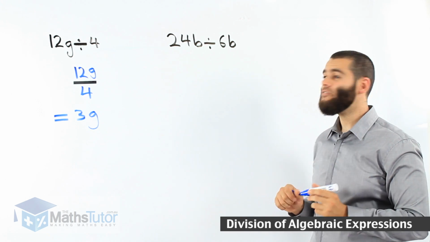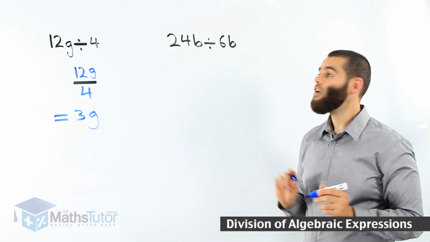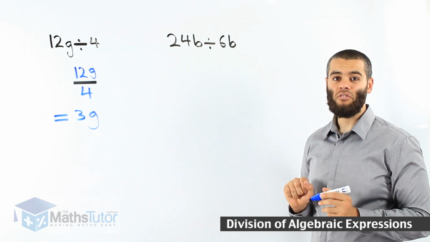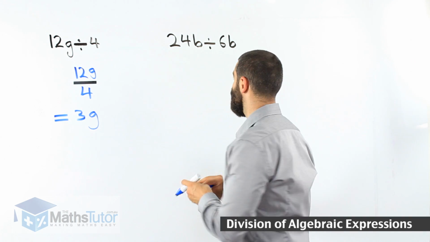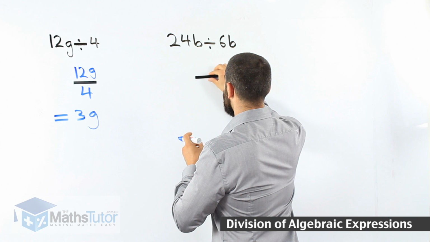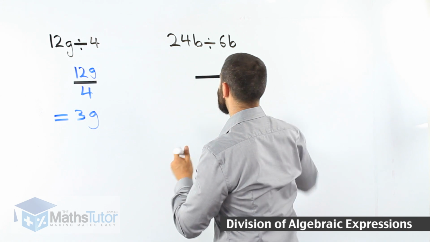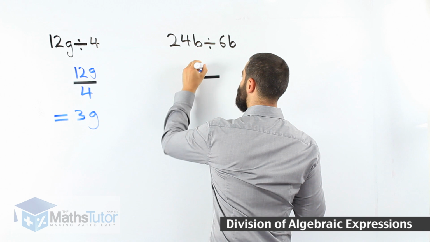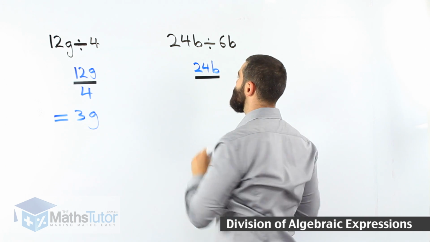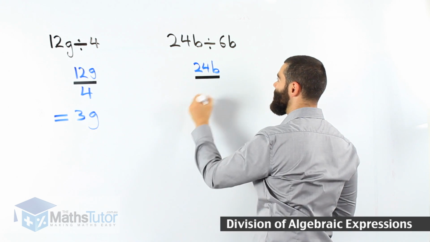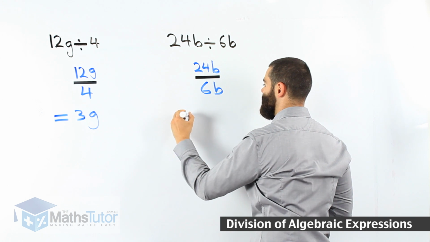Once again, 24b divided by 6b. We don't like it like that. Let's change it to fraction. It is much easier for later on. We put our fraction bar. 24b is our numerator. Divide is our fraction bar. 6b.